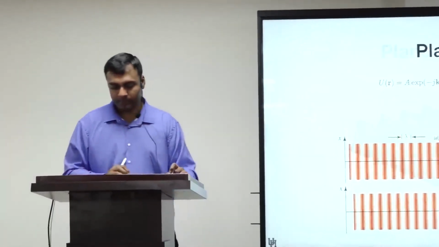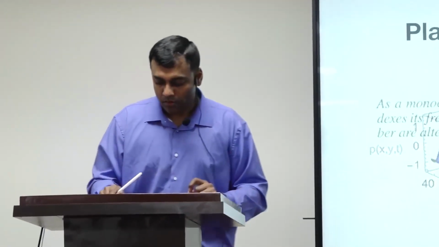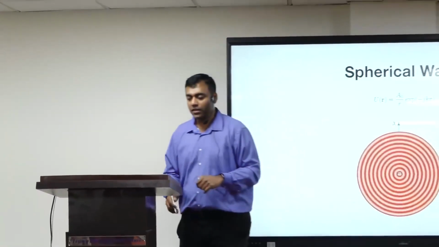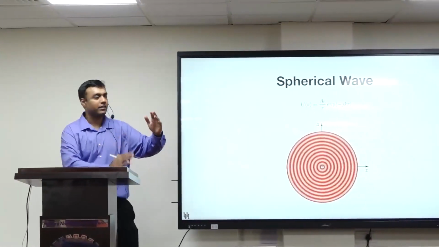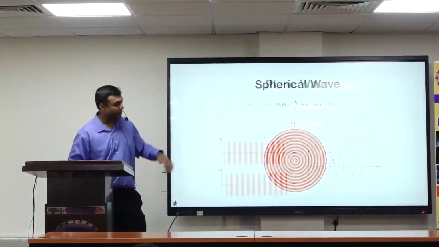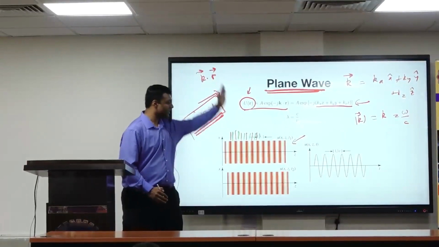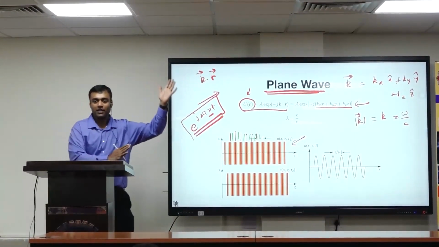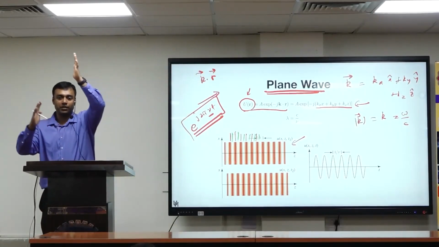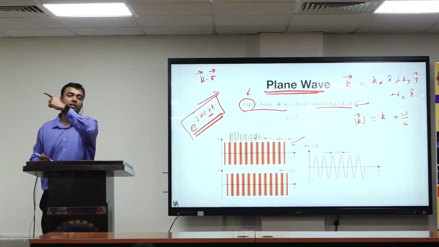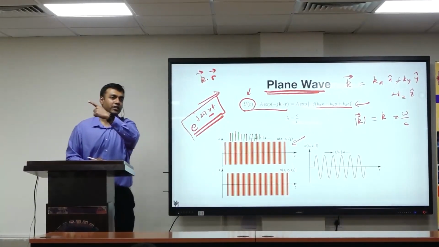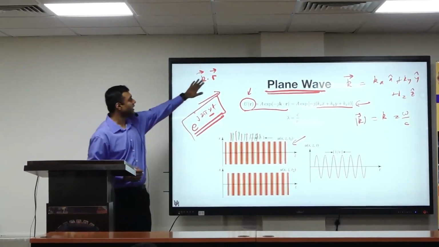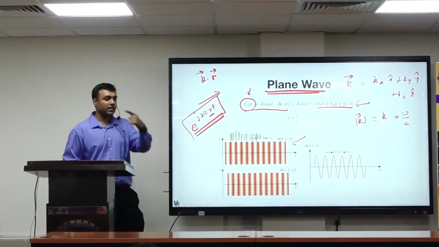Okay. So the next type of wave is called a spherical wave. Remember that a plane wave is infinite in all different directions, and it's traveling in a particular direction defined by the direction vector k. The k vector tells you the direction in which it is going.